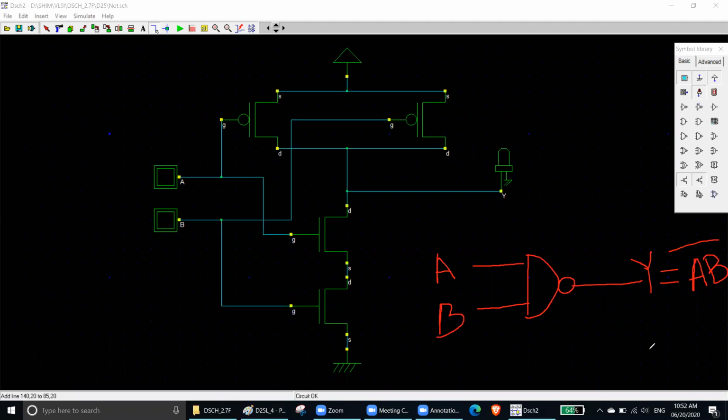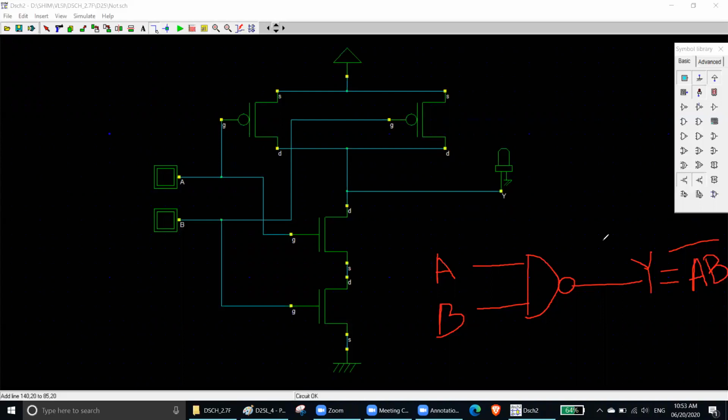Previously, the design with CMOS had a bar: A became A bar. Now AB becomes AB bar. So whatever you are going to design using CMOS, everything will have a bar by default. Mark this word, remember this word.